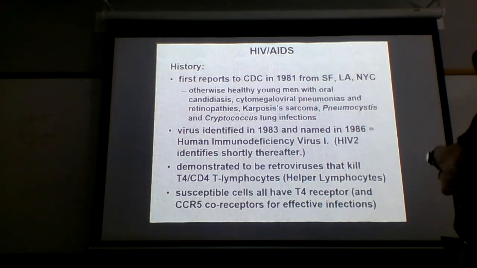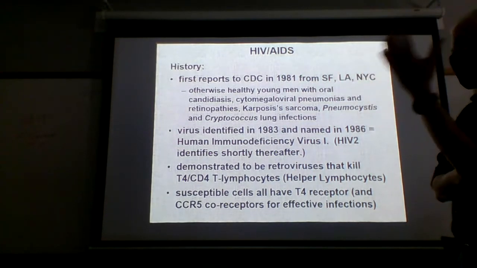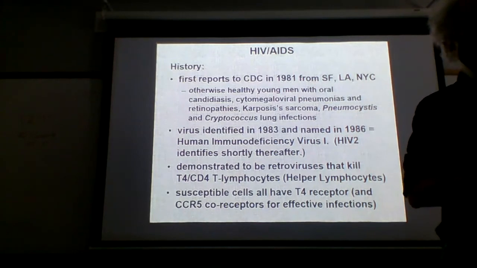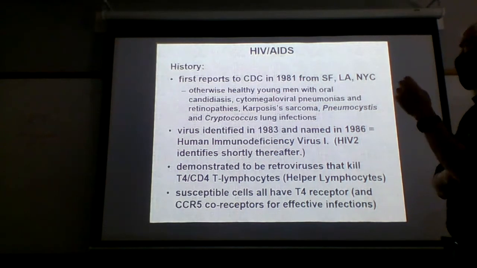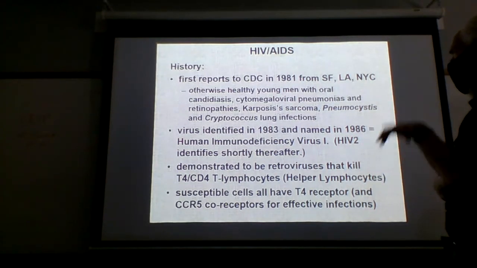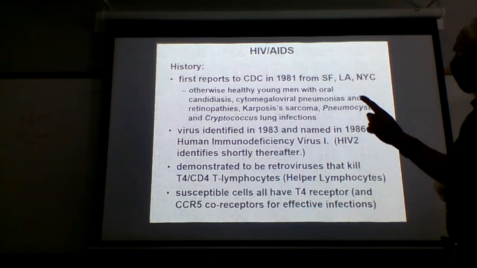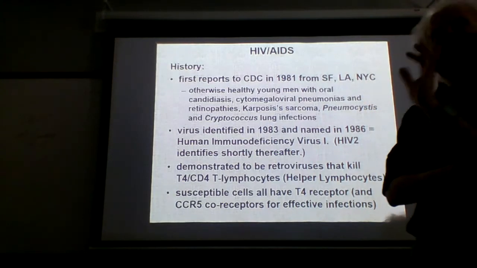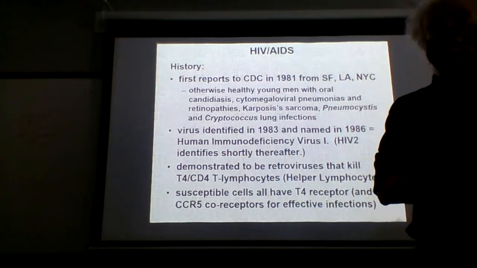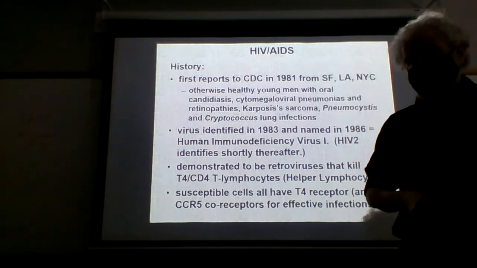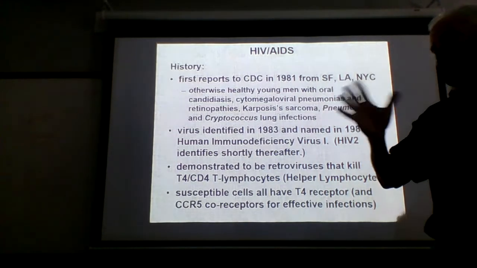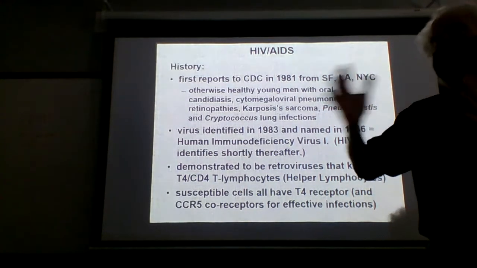Things like oral candidiasis, which is a yeast infection in the mouth, cytomegaloviral pneumonia. More importantly, I think, is Kaposi sarcoma, which was something that was so phenomenally rare. We looked at it in the dermal virus section previously, but the CDC apparently had seen like 2 or 3 cases in its entire history.